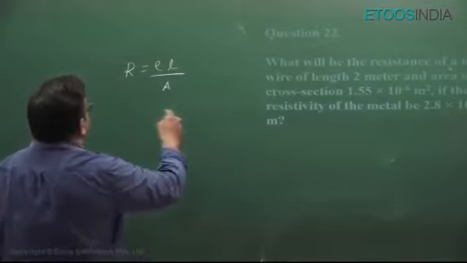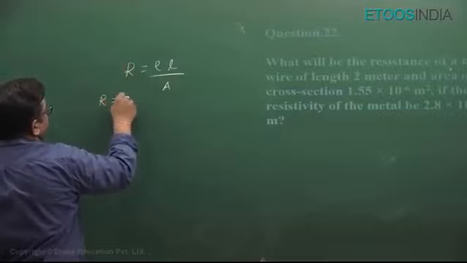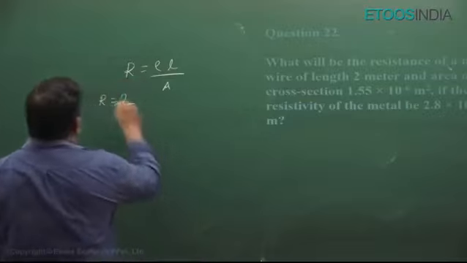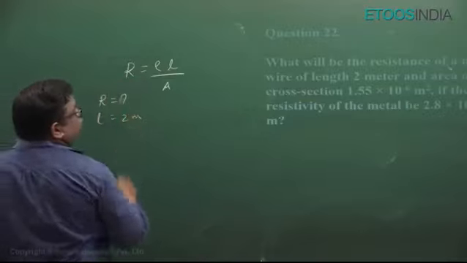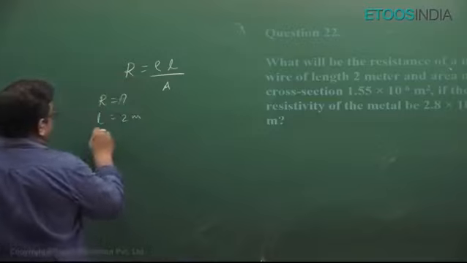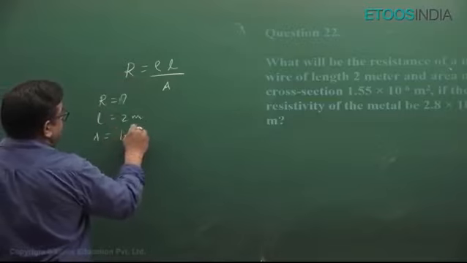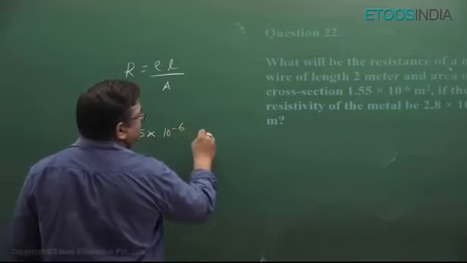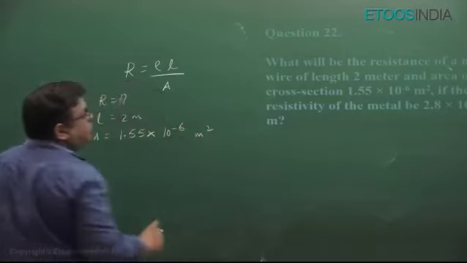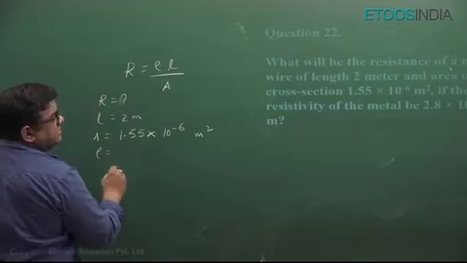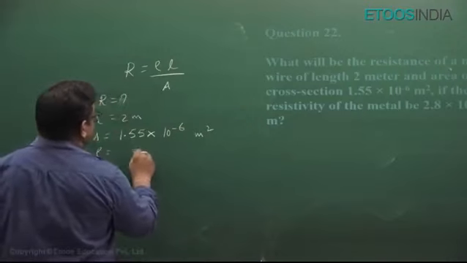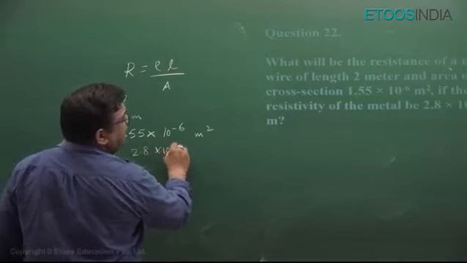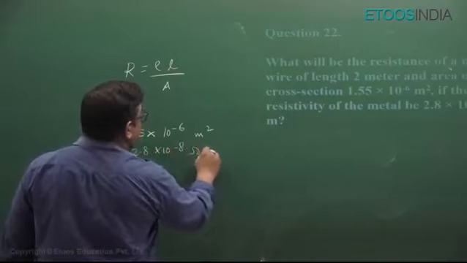We need to find resistance, and its length is 2 meters and area of cross section is 1.55 into 10 raised to power minus 6, and the resistivity is 2.8 into 10 raised to power minus 8 ohm meter.